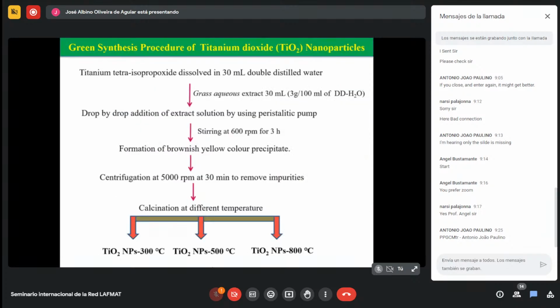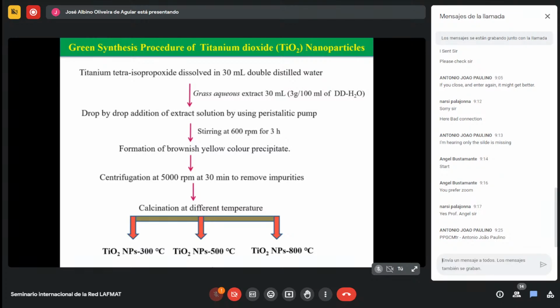Yeah, so that agro waste material we used for the synthesis of titanium dioxide nanomaterial. Titanium tetraisopropoxide is dissolved in 30 ml distilled water. For the grass aqueous extract, the grass was collected and made into powder.